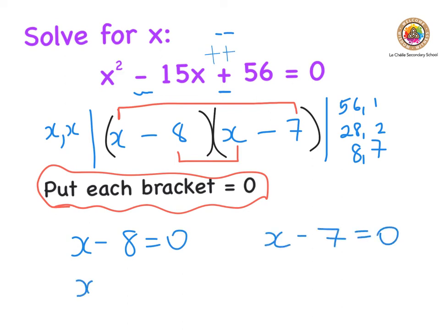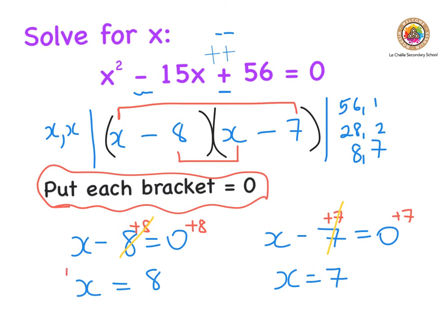And so here x is equal to 8. Why? Because here I'd say plus 8. And likewise, to get rid of the minus 7 on this side, I'd say plus 7. And they would have cancelled. So I have x equal to 8 and x equal to 7.